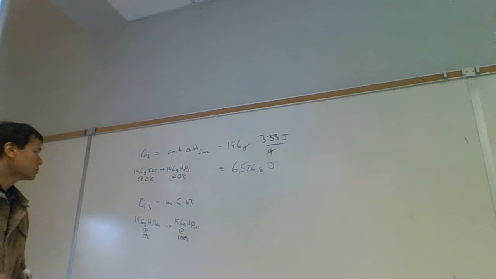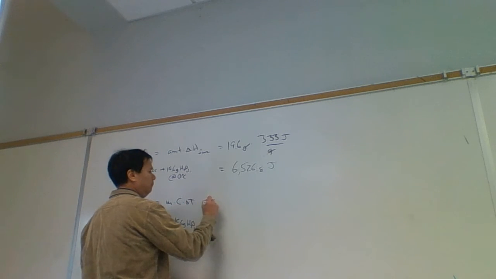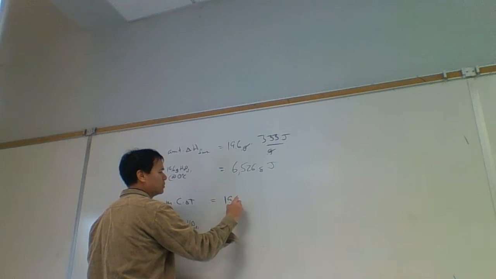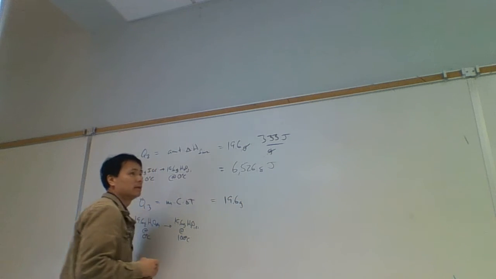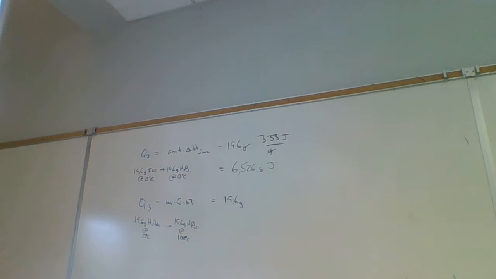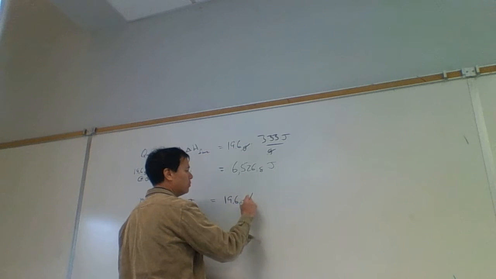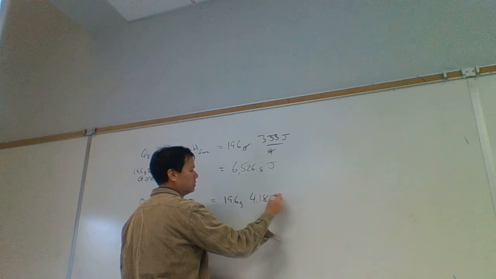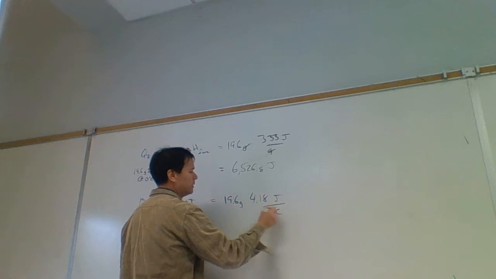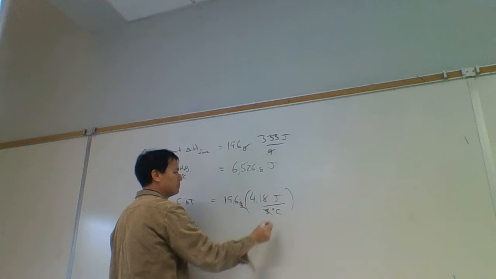All right, so the amount is 19.6 grams. We need the specific heat for liquid water. You might have it memorized, but if not, it's going to be given. What is the specific heat of liquid water? Yeah, it's 4.18 joules per gram degrees C. So the grams cancel.